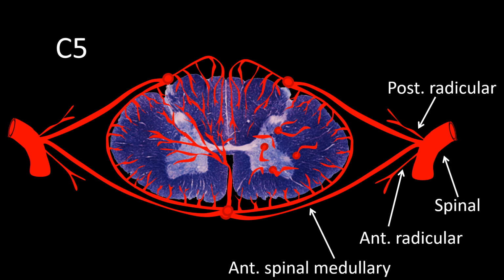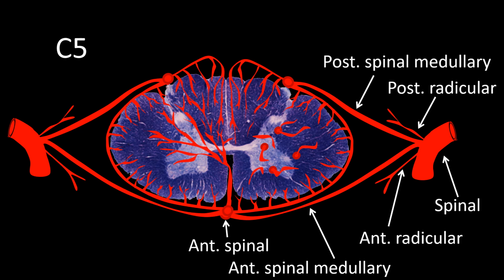Now I am pointing to the anterior spinal medullary artery, and now to the anterior spinal artery. Now I am pointing to the posterior spinal medullary artery, and now to the left posterior spinal artery.